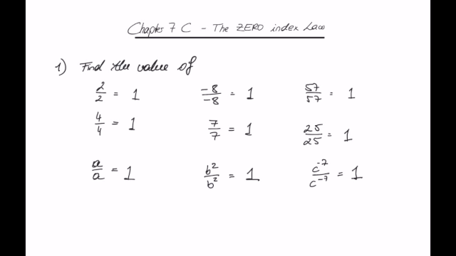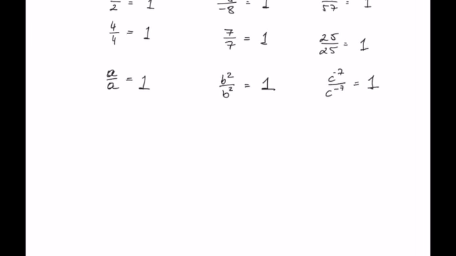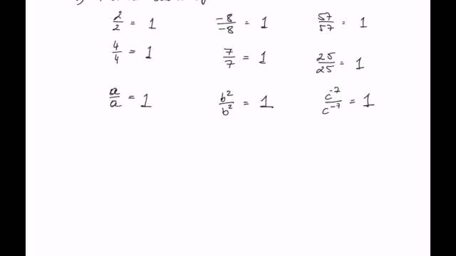So actually, we can now use a rule here. I'm going to show you. Let's look at a to the power of 3 over a to the power of 3. And remember, we have learned about index laws a couple of chapters back. That was in chapter 7a. And you learned that in a division, what do you need to do with the indices?